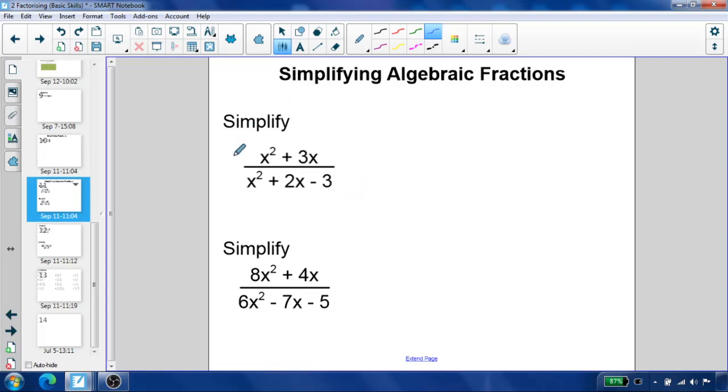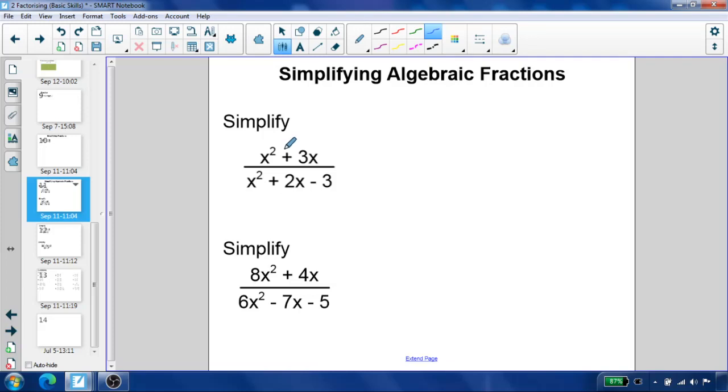So if you look, we are going to simplify this fraction here. Now we're going to use the process of finding common factors and cancelling where possible. You may look at the x squared here and think, oh, I can cancel those two.